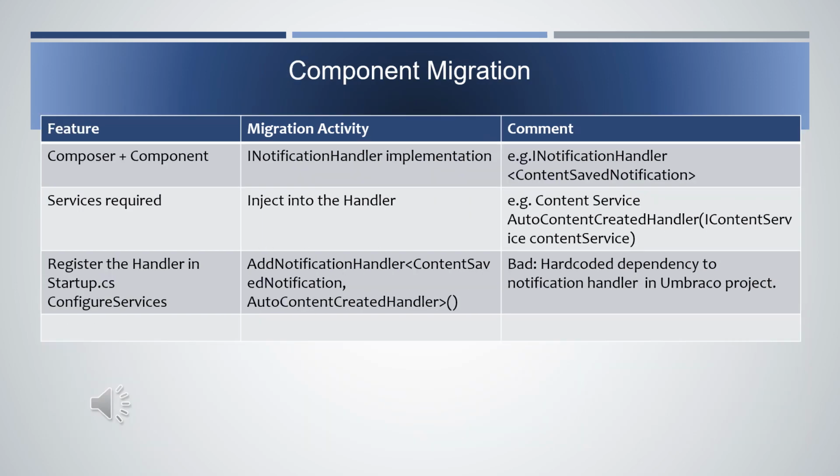Composers and components were migrated to notification handlers. These handlers had the required services injected into them. The handlers also needed to be registered in the startup file of the Umbraco project.